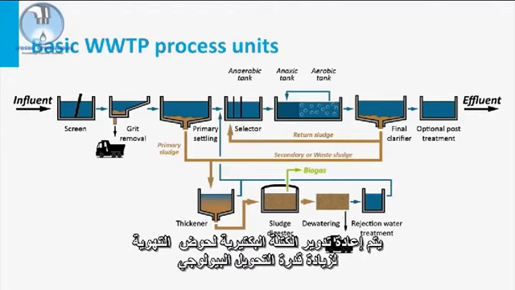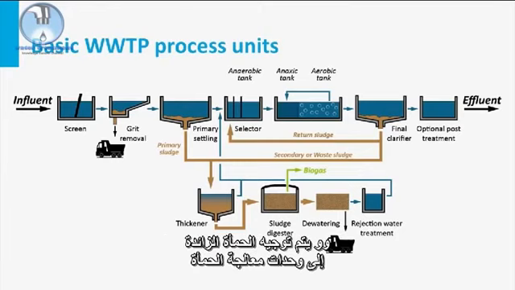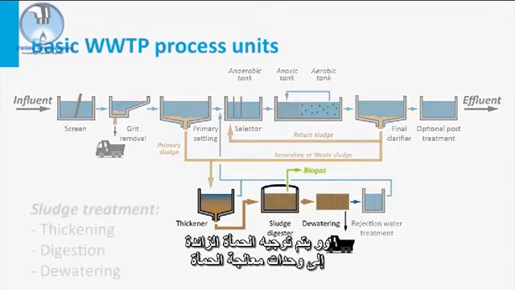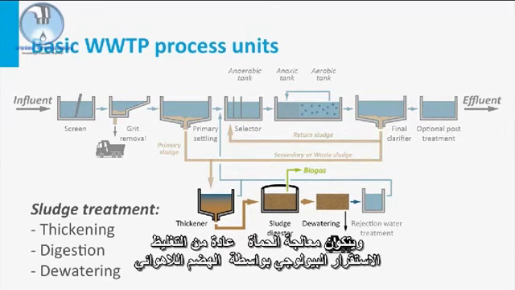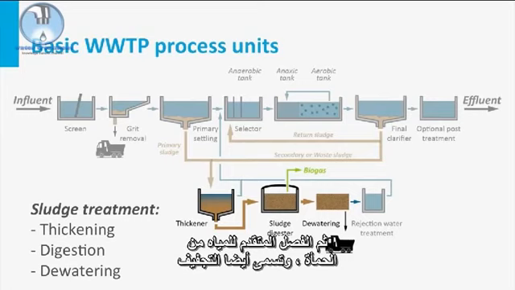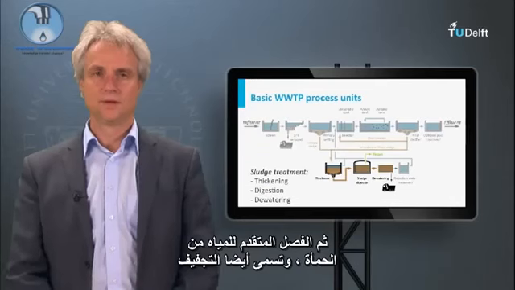Bacterial mass is recycled to the aeration tank to increase the bioconversion capacity, but the excess sludge is directed to the sludge treatment units. Sludge treatment generally consists of thickening, biological stabilization by anaerobic digestion, and advanced separation of the water from the sludge, also called dewatering.